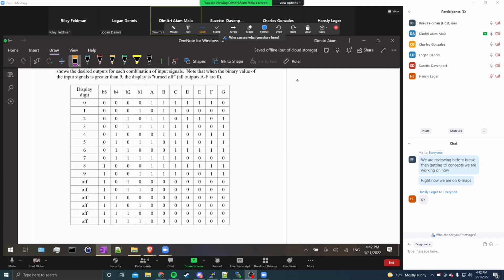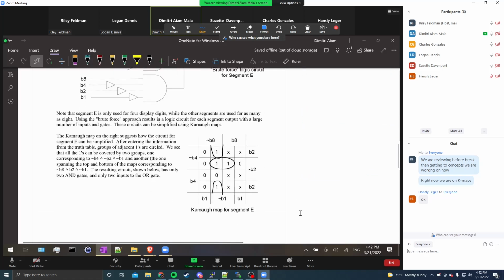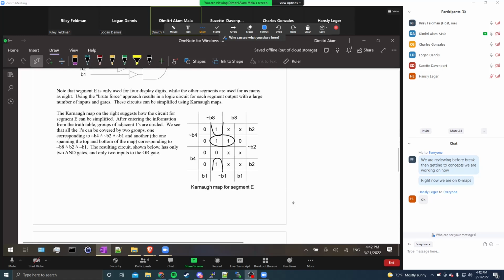Okay, so there's that. Where Riley was saying, let's say we have a KMAP, it tells us what we need to input to know what is going to be the output for that number. So for example, over here, there's an example for what I'm saying.